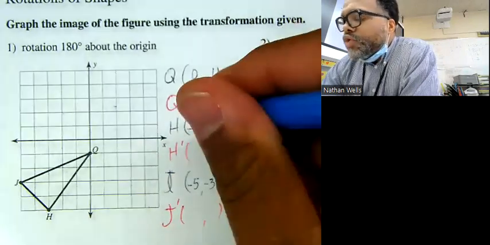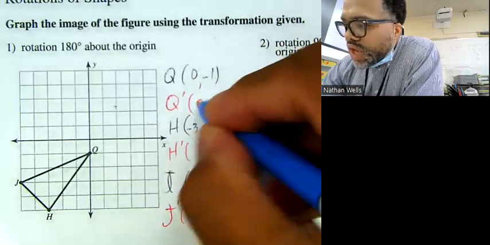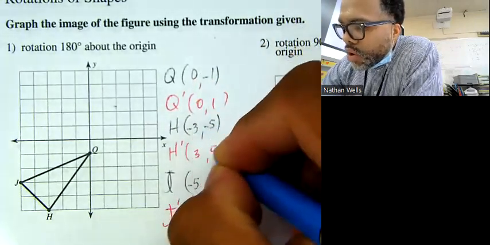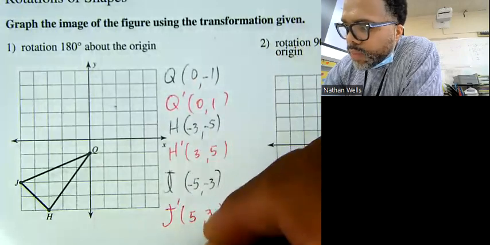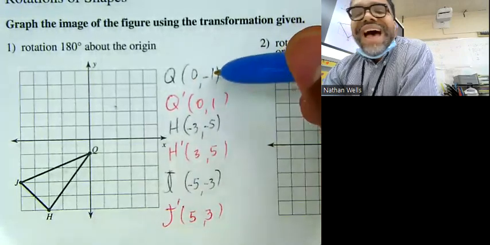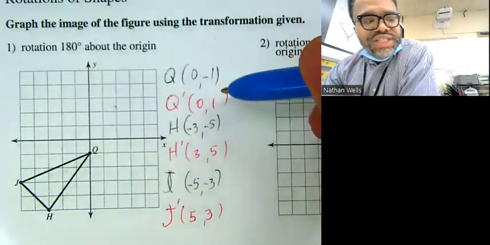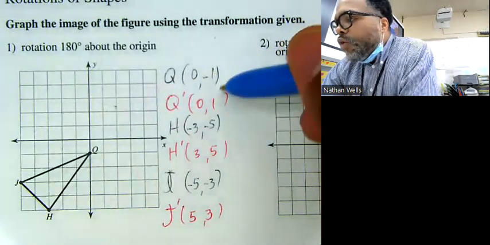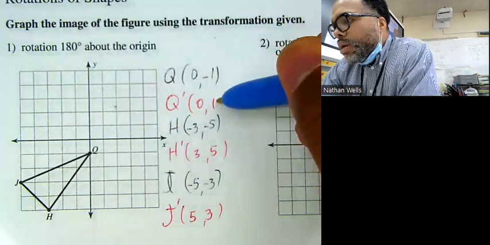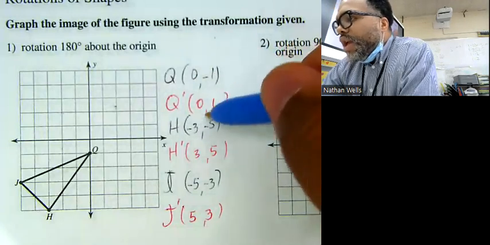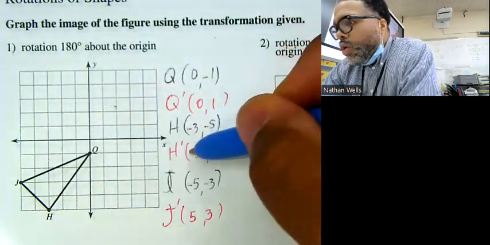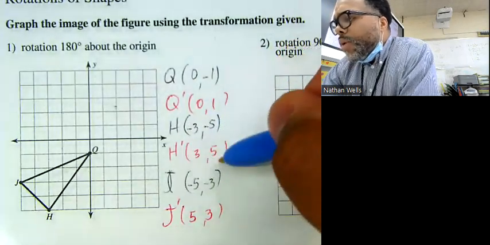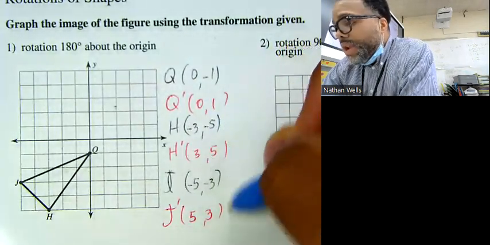When rotating 180 degrees, you keep the same order, and you go with the opposite, other than 0. 0 is just 0. It's neither negative nor positive. But if we were negative before, we're going to be positive on our prime points. If we were negative before, both are going to be positive. If we were positive before, both would be negative.